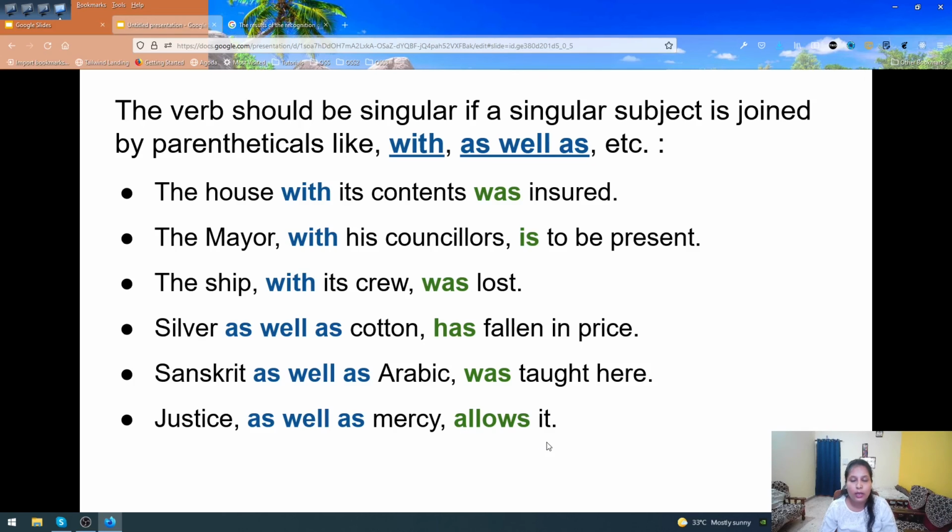Understood? So till now we have understood 4 rules of using verb and how we can agree our verb with the subject. Yes. So I know it is very difficult to remember all these things, but the easiest way to remember these things is to practice. You don't have to just do rote learning or memorize it.